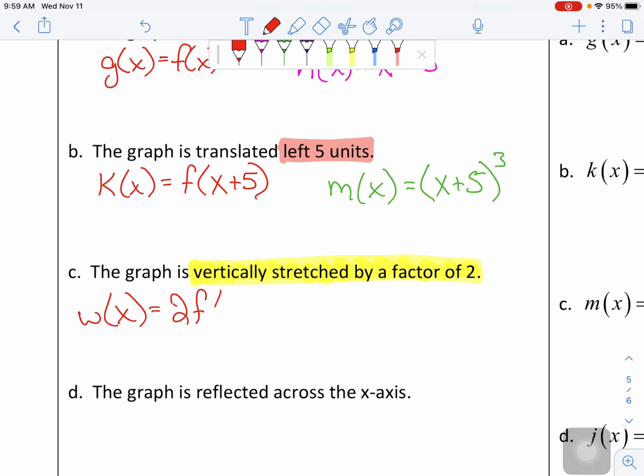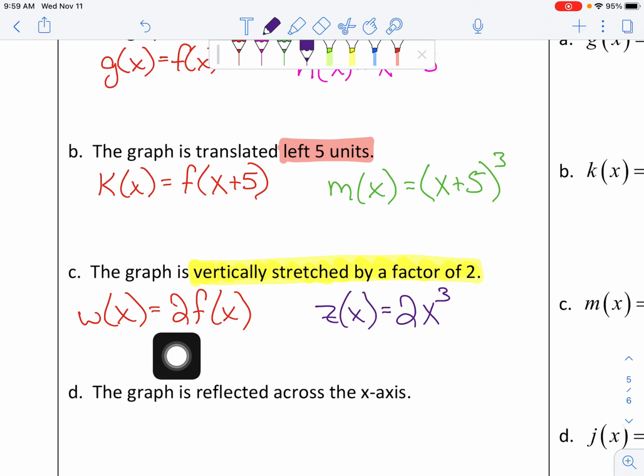So 2 times f of x. All right, so that's a vertical stretch by a factor of 2. Or let's go z of x is equal to 2x cubed. All right, these mean the exact same thing because f of x is x cubed, so either notation is fine.